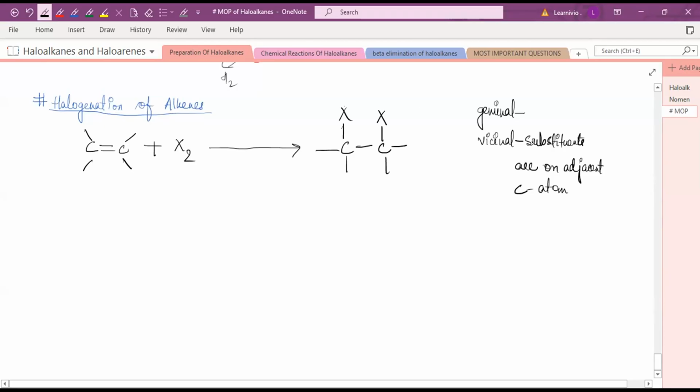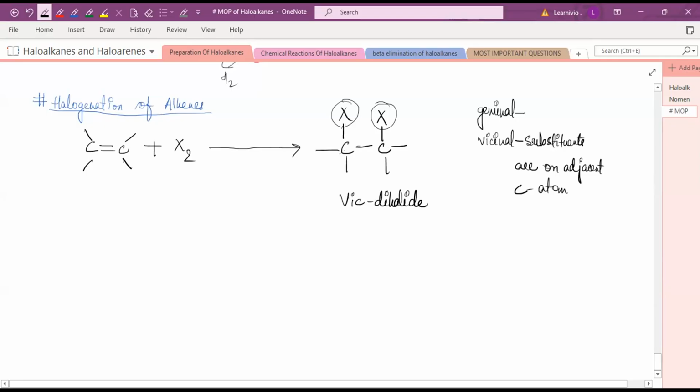The functional groups or substituents are the neighbors, attached to adjacent carbon atoms, so they are known as vicinal halides. So we can say they are vicinal dihalides. Just remember what is vicinal: when the substituents are attached on adjacent carbon atoms, neighbors, they are known as vicinal.